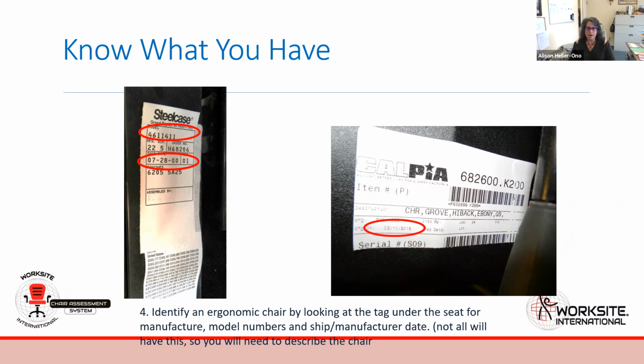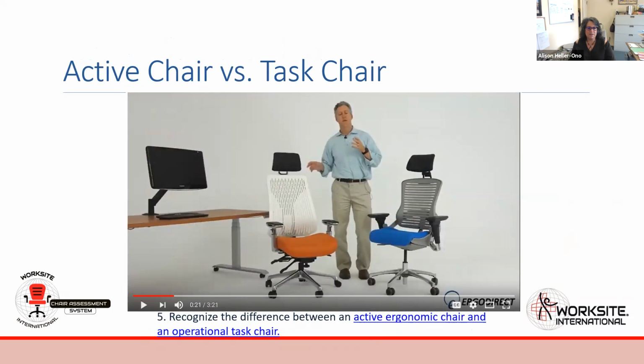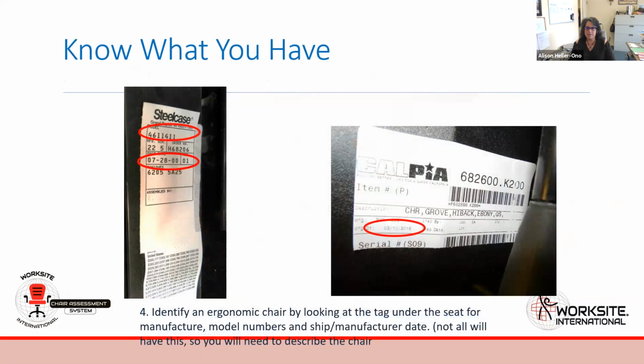Okay, now, the other thing, let me just go back to that, is that you need to understand this date because you have to decide whether the chair is still under warranty. And so as part of the chair assessment system, you need to know this for your chair inventory. I will go into this in a little more detail, but these numbers are like the VIN number on your car.